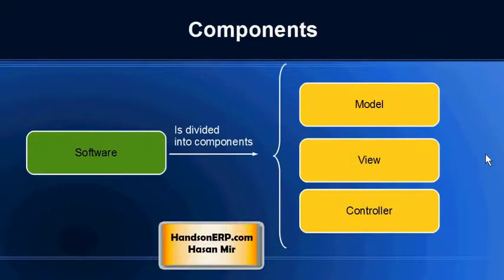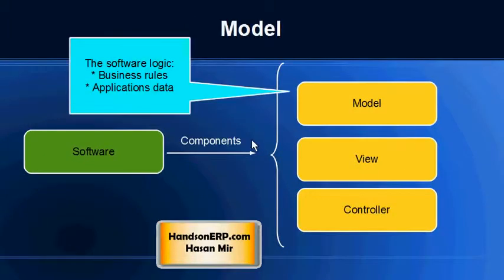So the MVC model calls for the division of a software or application into three main components: model, view, and controller. The model component contains the brains of the application. What is this software supposed to do? What is the logic? The whole software logic goes in this component, consisting of business rules as well as application's data.